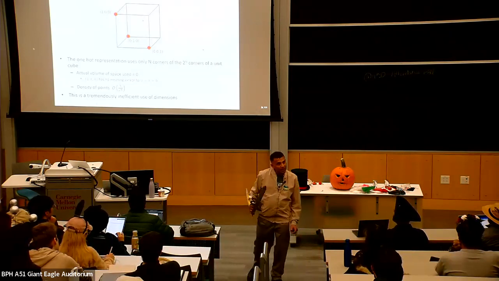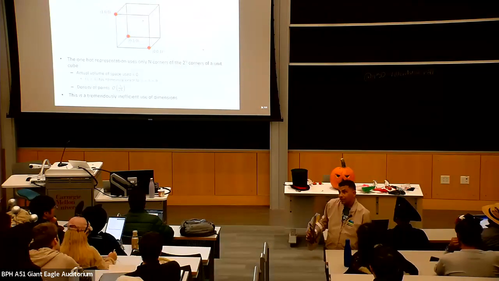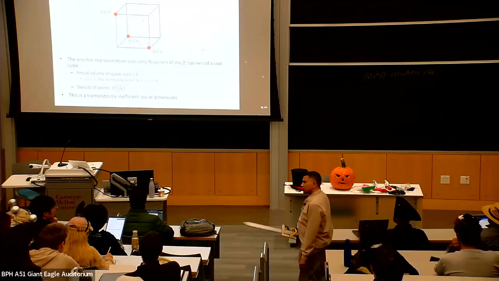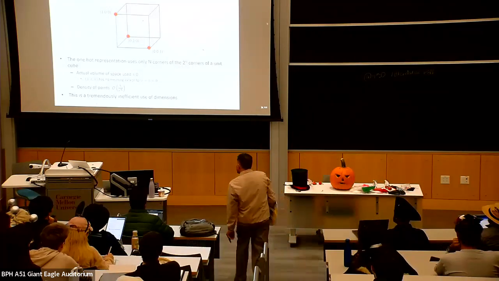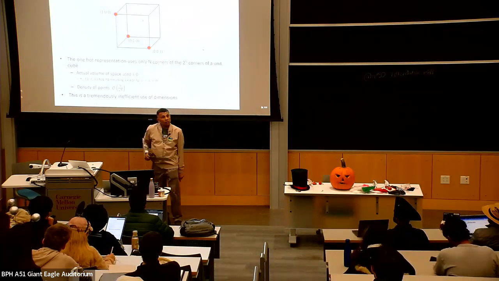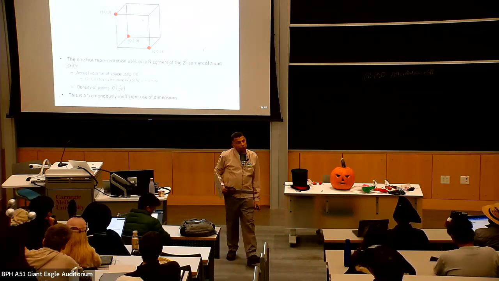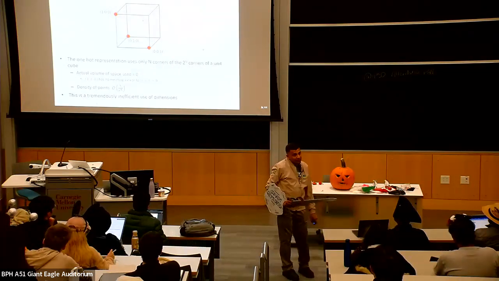So with 3 bits, I can represent up to 8 words. With 4 bits, I can represent up to 16 words. I can just assign different bit combinations. So I can still be using the same cube, but I could be assigning words to every corner of the cube. Could I not? And I'd be doing a much more efficient usage of the space. Why don't I do that?